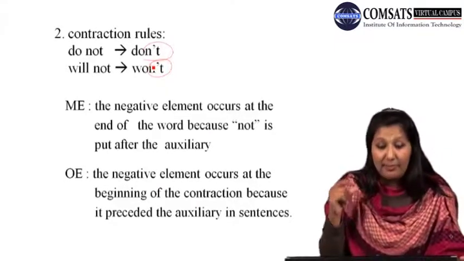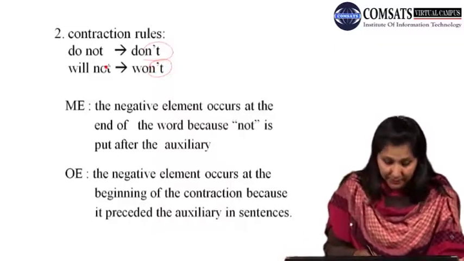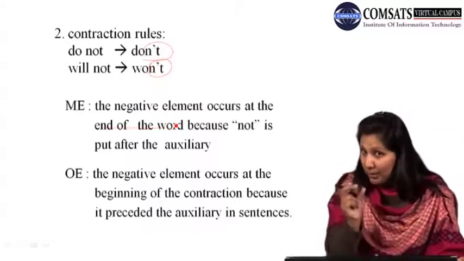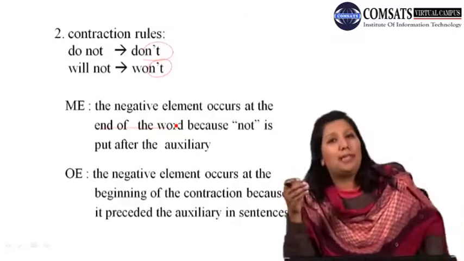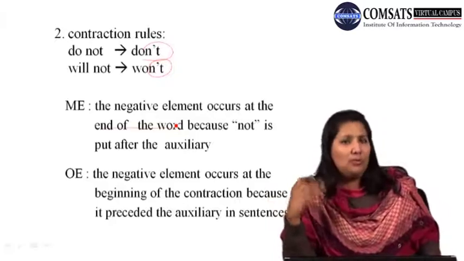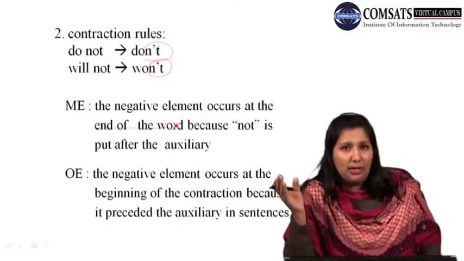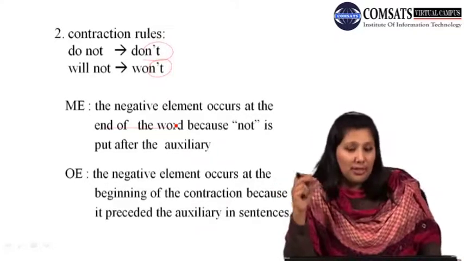We are saying in Middle English the negative element occurs at the end of a word, not the sentence, because not is put after the auxiliary. For example, do not, have not, was not, is not, are not, am not. These are different auxiliary verbs. We are putting not after the auxiliary verb.